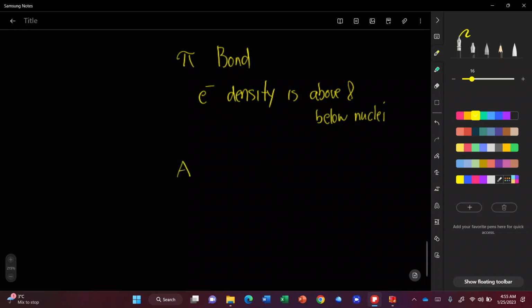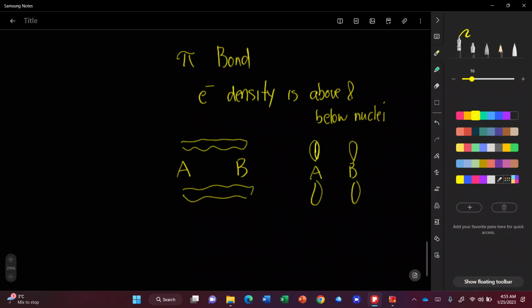So, right, in a sigma bond, if A was right there and B was right there, the electron density would be right here. But in a pi bond, the electron density is actually above it and below it. And the only way for that to happen is if you have two p orbitals. And when two p orbitals interact with one another, that's how you get a pi bond, okay?